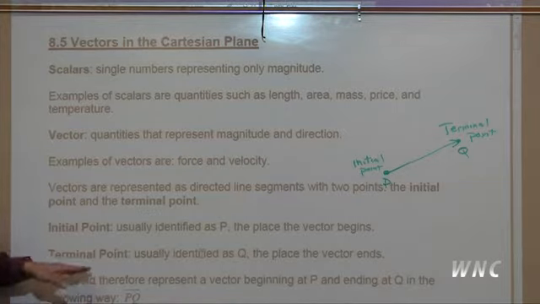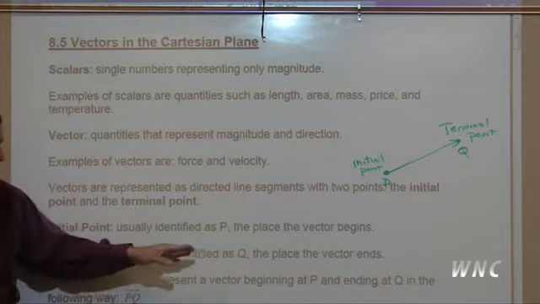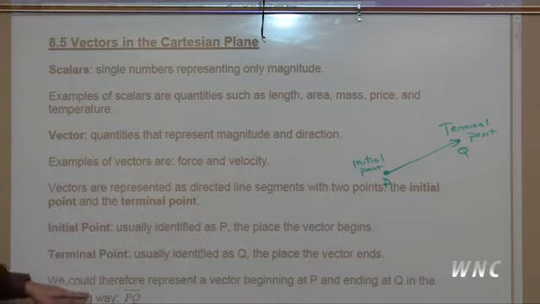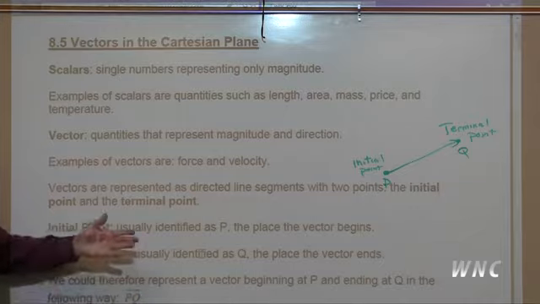We could therefore represent a vector beginning at P and ending at Q as PQ with an arrow over the top, which looks like a ray in angles.